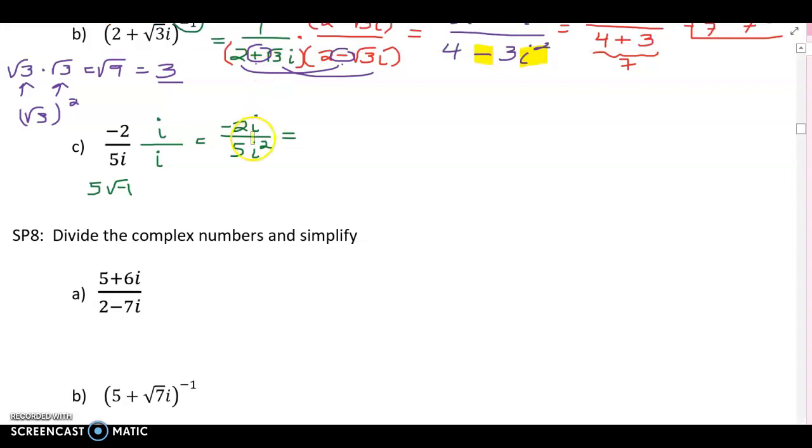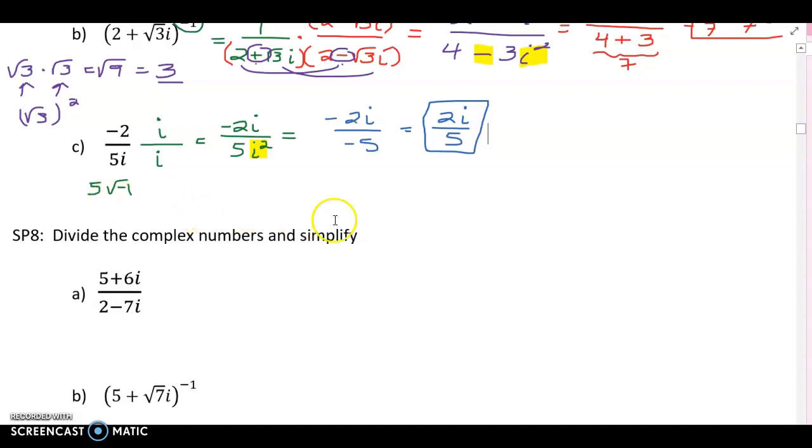You want to start to catch as soon as you write I squared, it automatically, every single time, no exception, becomes negative 1. So 5 times negative 1 is negative 5. Those negatives divide off, and you're left with 2I over 5. Positive 2I over 5.